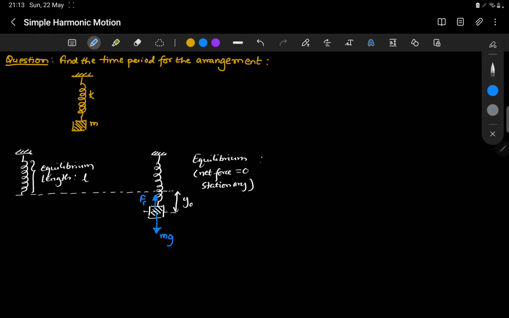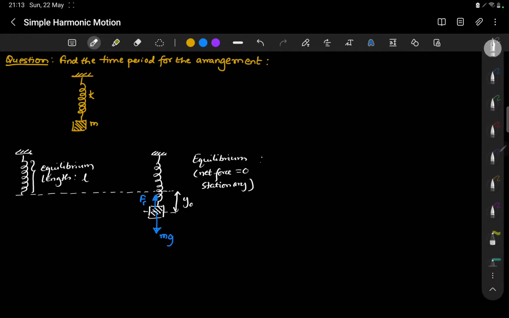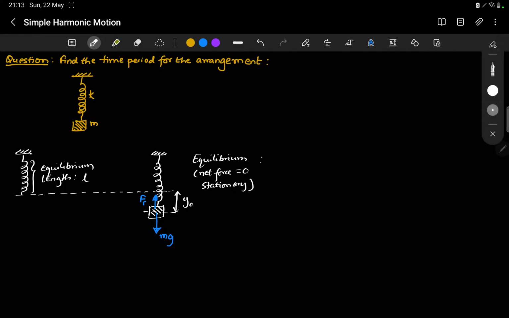So the net force on the block, so total force on the block should be equal to 0 in equilibrium.